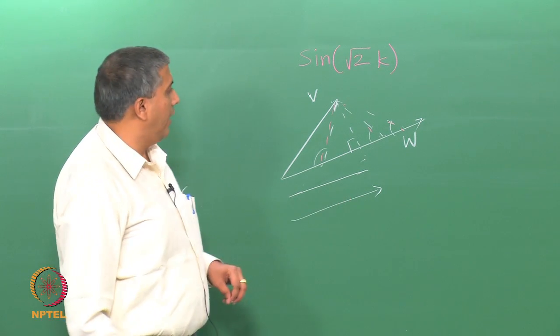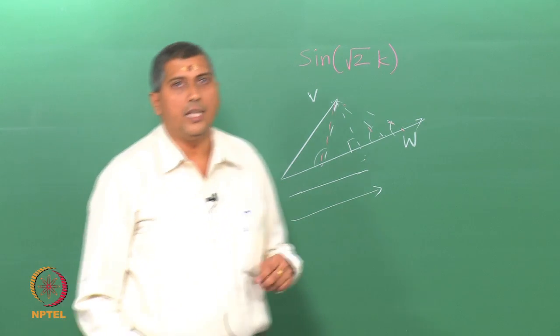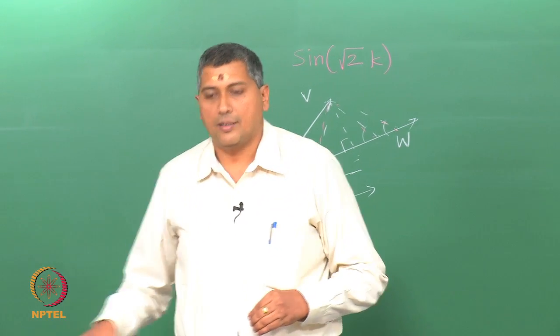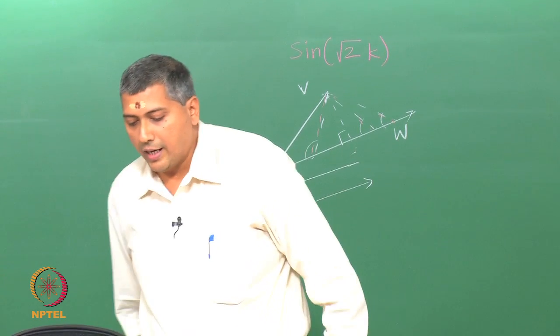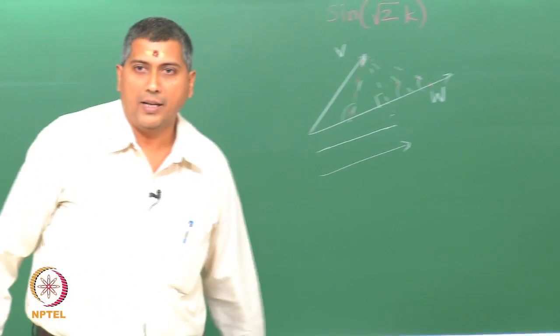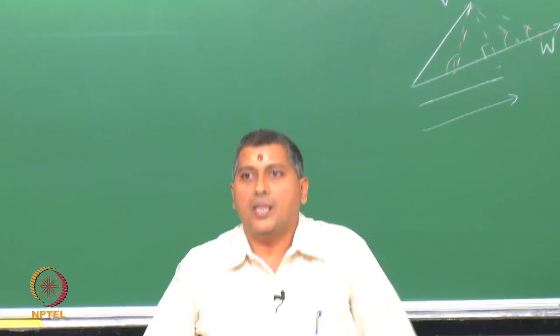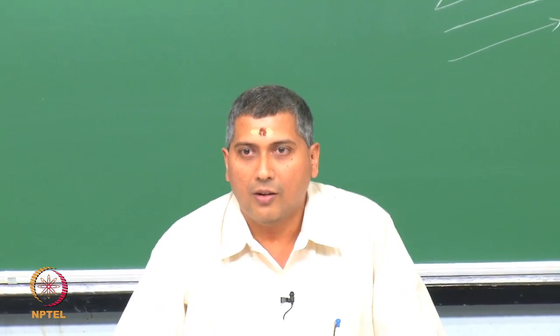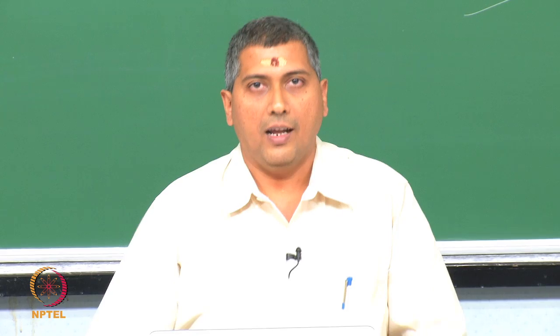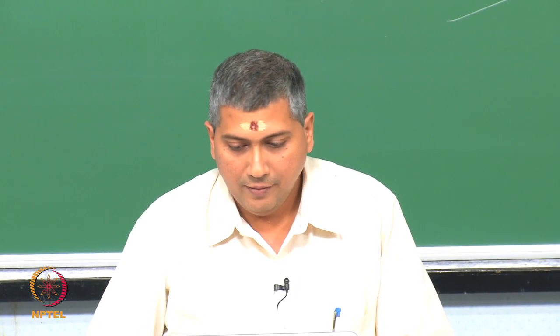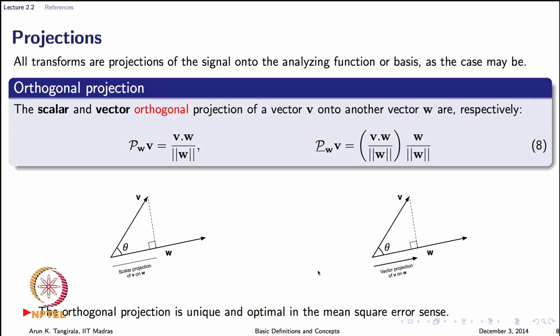That is the reason you see in the vector projection there is a multiplication with w by its own magnitude. So you are essentially multiplying this number with a unit vector in the direction of w. That is why it is called a scalar and a vector projection, and otherwise these two schematics look alike.